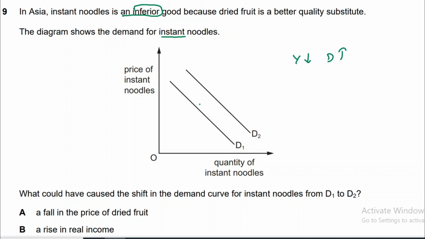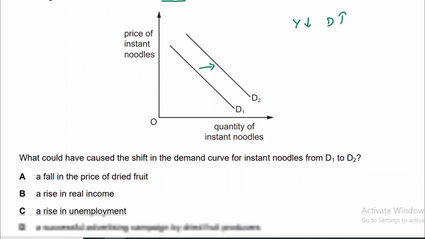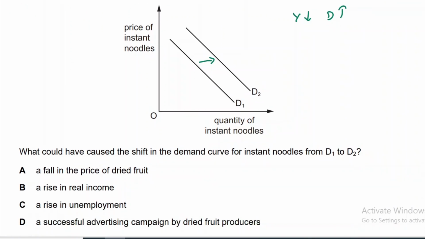So the demand for instant noodles has increased from D1 to D2. So it shows a rise in demand for noodles. Again, keep in mind, noodles is an inferior good, right? So what could have caused the shift in the demand curve for instant noodles from D1 to D2? Why did it shift to the right? Why did it increase? Option A: fall in price of dried food.